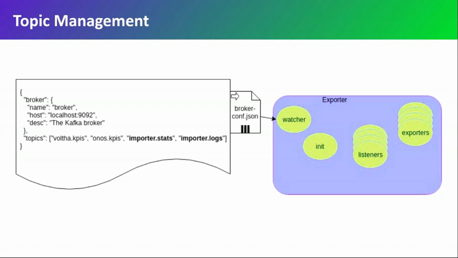Go ahead, David. That ensures that you can listen to and upload topics, but what about message formats? How is that going to affect this? Yes, I'm coming to that part. If a new topic is introduced, in the Kafka exporter listeners there are multiple routines listening on each topic.